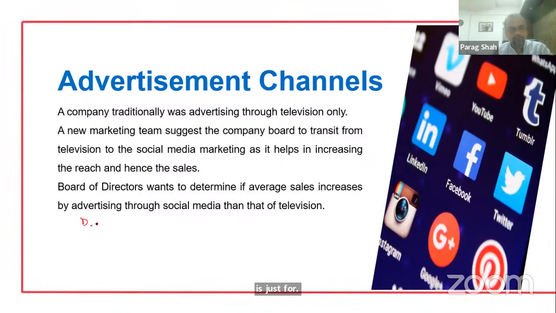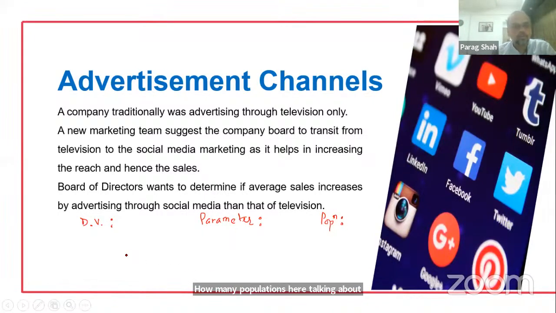Decision variable, parameter, how many populations we are talking about. Then we'll talk about null and alternative.